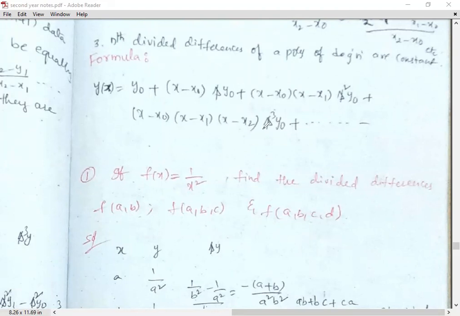One advantage when using this formula is no need to identify the location of x. And directly we can take the starting set of values of x comma y as x naught, y naught. And then from y naught we draw a slanting line downwards. Then first divided difference, second divided difference and third divided difference etc. will be lying on that same line.